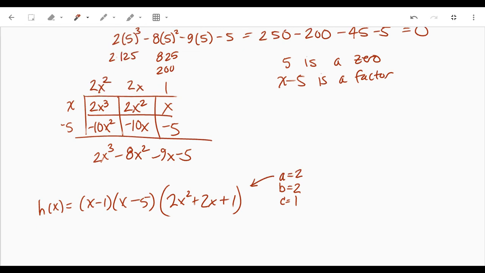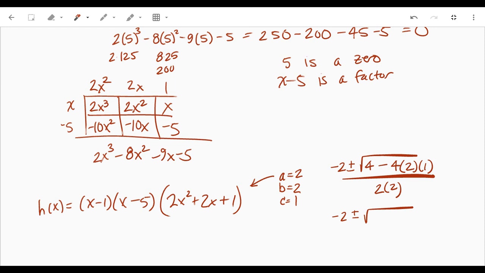Okay, so I got the opposite of B plus or minus the square root of B squared, which would be 4, minus 4AC all over 2A. Okay, so I'm going to have negative 2 plus or minus the square root of 4 minus 8, so negative 4 all over 4.